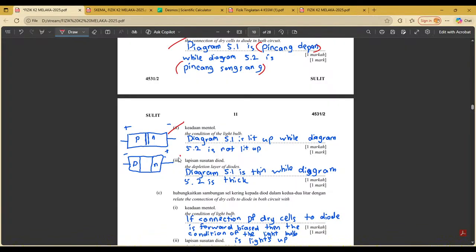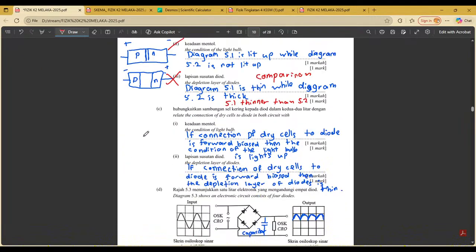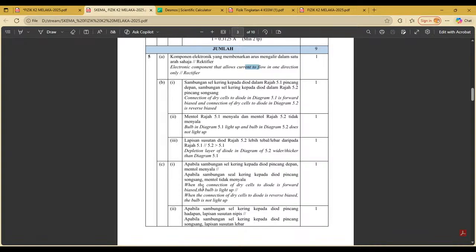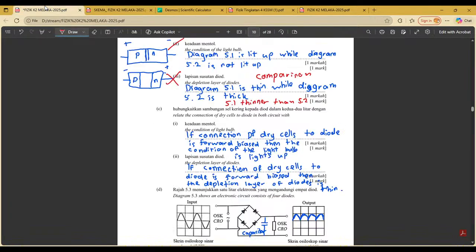This one I say wrong because of the comparison. 5.1 is thinner than 5.2. And the connection of the right stop is forward bias. Okay, I'll accept it.